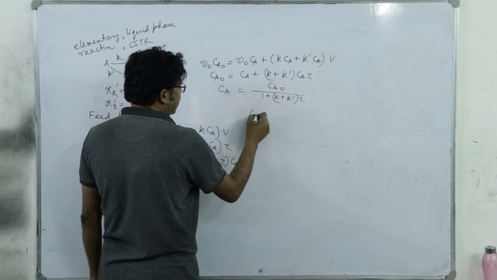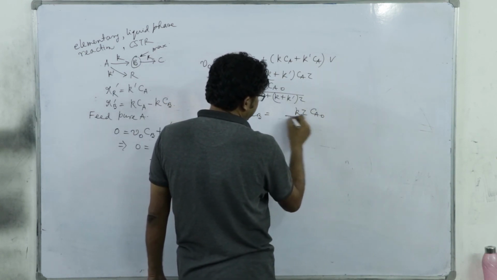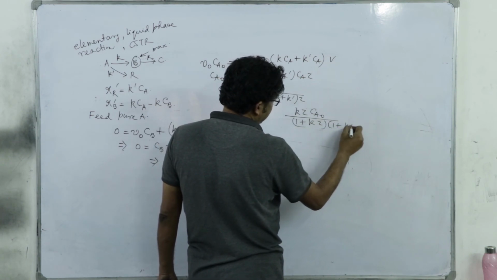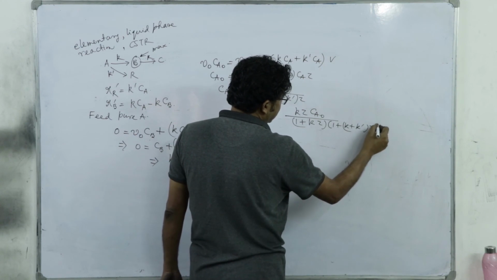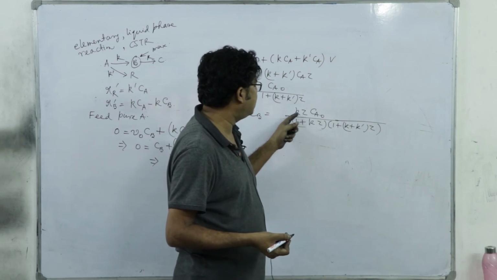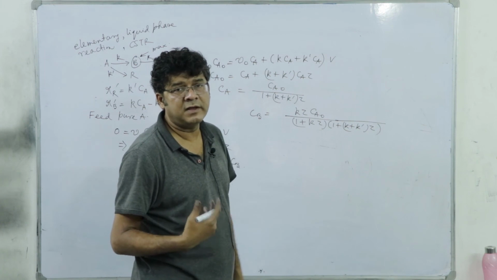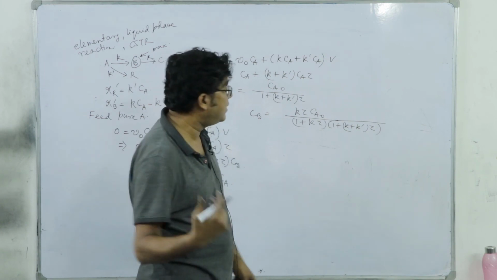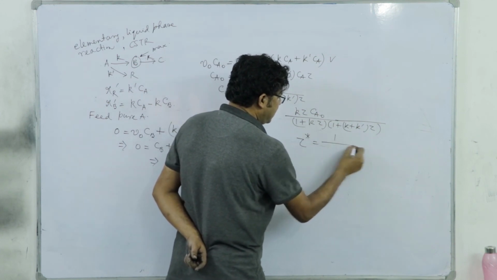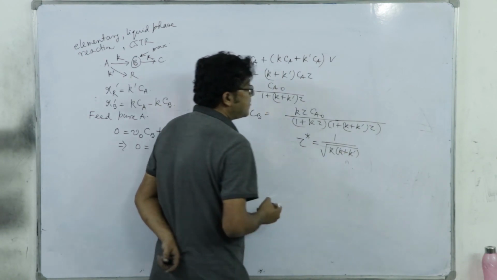So we have Cb equal to K tau Ca0 divided by 1 plus K tau into 1 plus (K plus K prime) tau. Considering this is K1 and this is K2, we have already solved that the optimum is 1 divided by under root of K1 K2. So tau star is equal to 1 divided by under root of K into (K plus K prime).